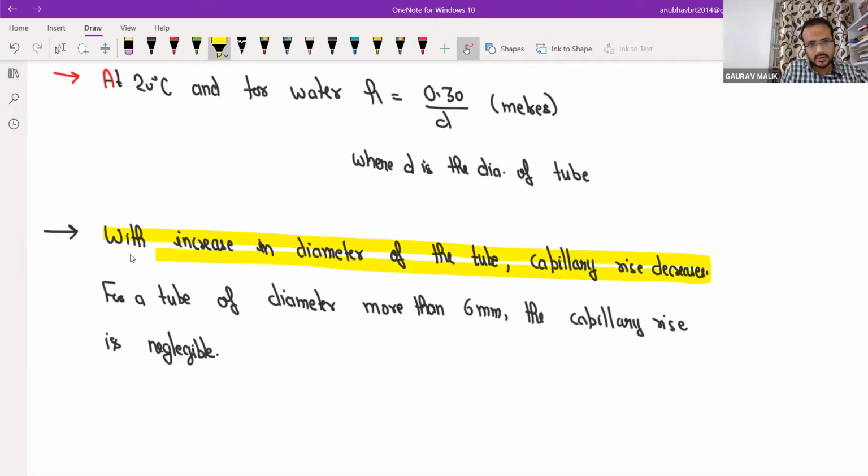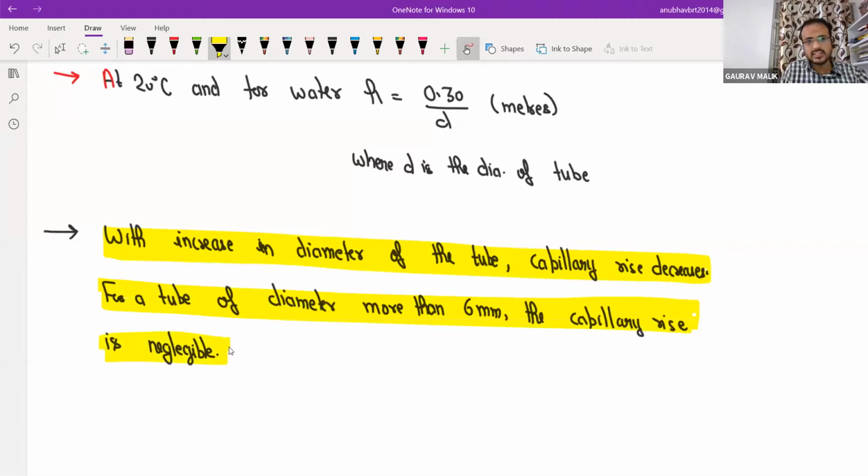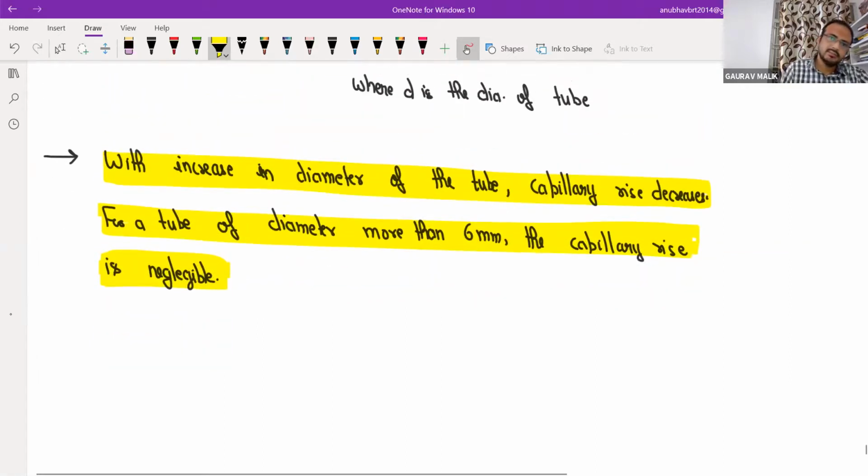With increase in diameter, after 6 millimeter, you will not feel capillary rise.